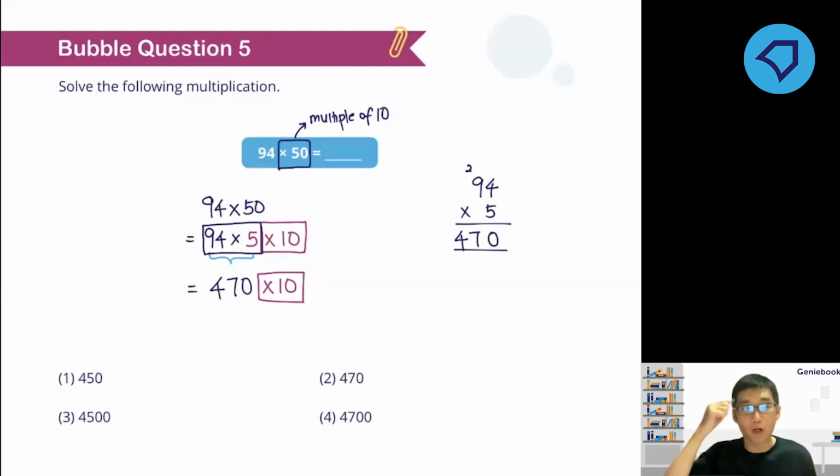Recall, whenever we multiply a whole number by 10, all we need to do is just add a 0 at the back of the number. So therefore, the answer is 4,700.